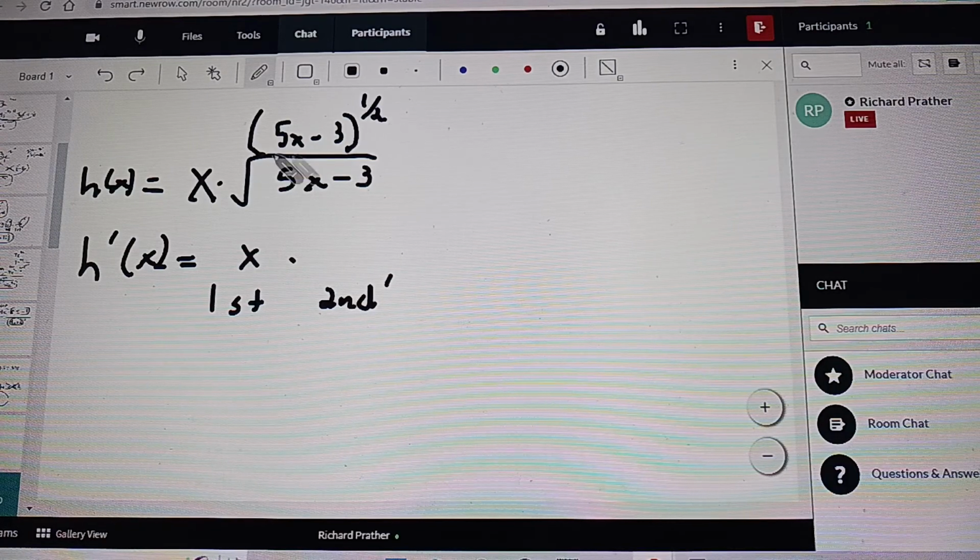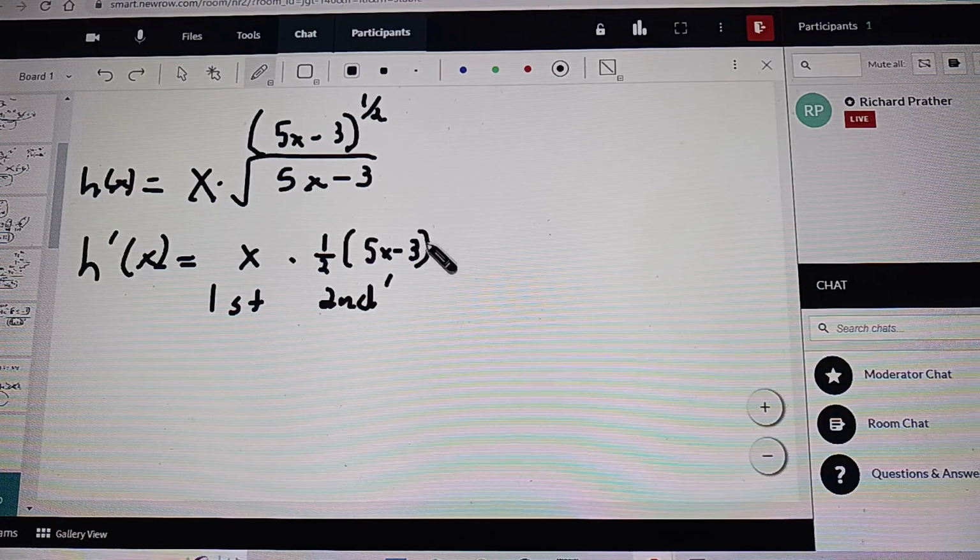So this derivative on its own is really a chain rule, because you're going to do the outside first, 1/2 times 5x minus 3 to the negative 1/2, and then chain on the derivative of the inside, which is a 5. All of this right there is just the derivative of the second part of this problem.